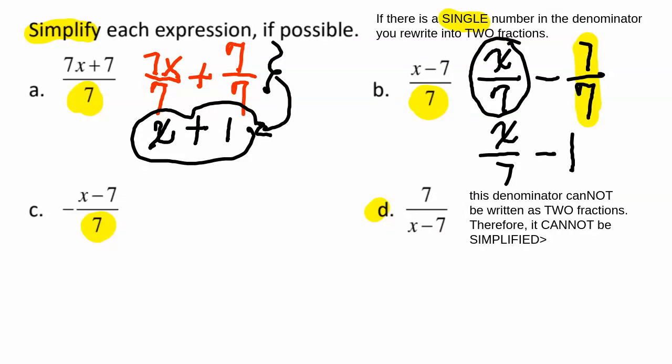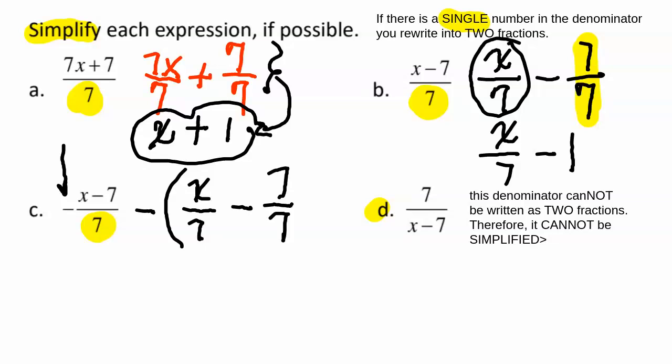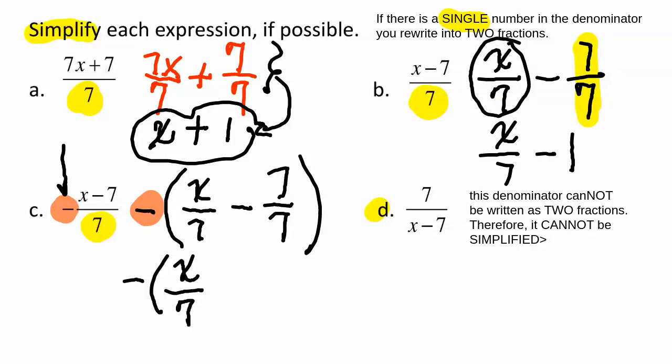Now, be very careful with C. C has got a negative out in front, which means I take x over 7 minus 7 over 7. This negative sign is the one out in front. Well, notice what happens. Inside the parentheses, I'm going to have x over 7 minus 1.